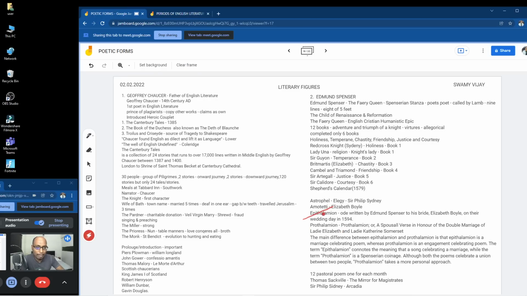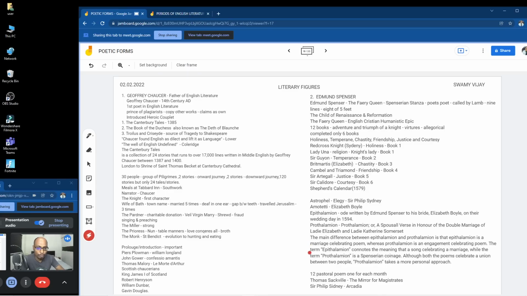The main difference between Epithalamion and Prothalamion is that Epithalamion is a marriage celebrating poem, whereas a Prothalamion is an engagement celebrating poem. So this man has written poems for each and every celebration. The term Epithalamion connotes a song celebrating a marriage, while the term Prothalamion is a Spenserian coinage. Although both poems celebrate a union between two people, Prothalamion takes a more personal approach. So from an examination point of view, Epithalamion is written by Edmund Spenser for his wife Elizabeth Boyle, and Prothalamion discusses marriages of rich people.